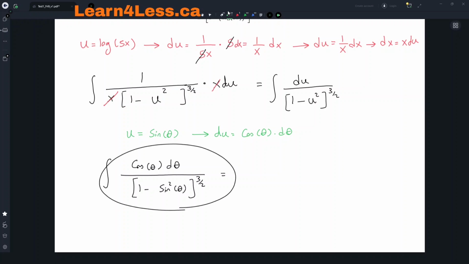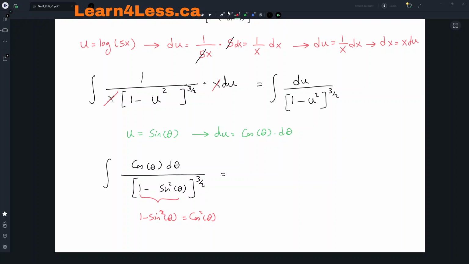What's the point of doing this? Again, we need to focus on this part and apply some of the trig identities that we know already. So 1 minus sine squared of theta. The identity we are going to use is that 1 minus sine squared of theta is equal to cosine squared of theta.